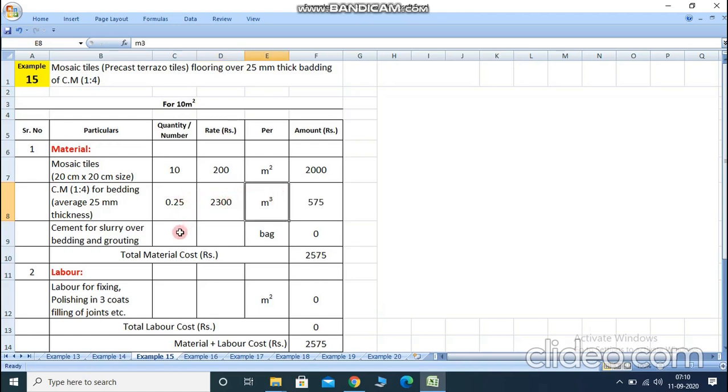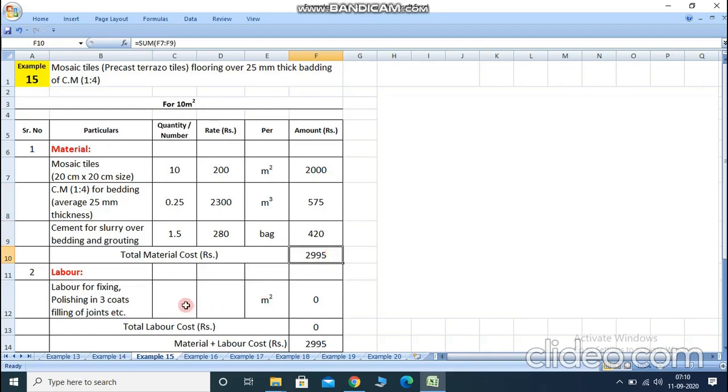Then cement for slurry over the bedding and grouting: here 1.5 bag cement is required, and the rate of 1 bag of cement is 280 rupees. So we got the answer 420 rupees. Now the summation of 2000, 575 and 420 gives 2995, the total material cost.